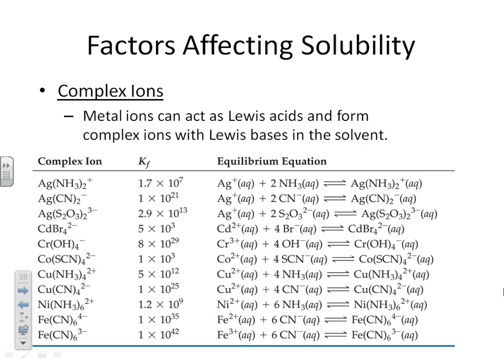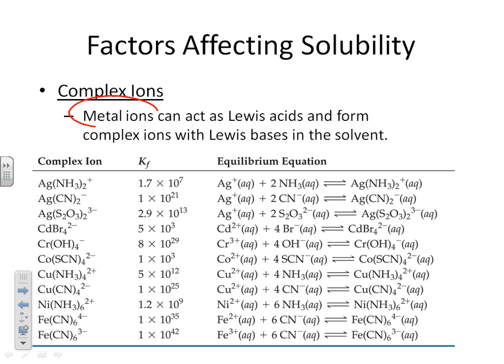Along that exact same idea, we can use the concept of something called complex ions to also get our insoluble salts to dissolve better. A complex ion, by definition, is well, it's called complex for a reason. It's not a simple ion, so it's not just one atom that became an ion by gaining or losing electrons, and it's not a polyatomic either. It's something that we get by taking a metal cation, so that's kind of an important bit.